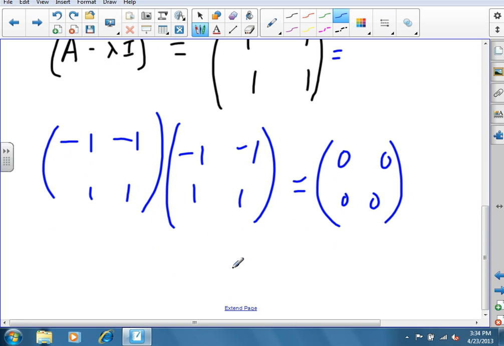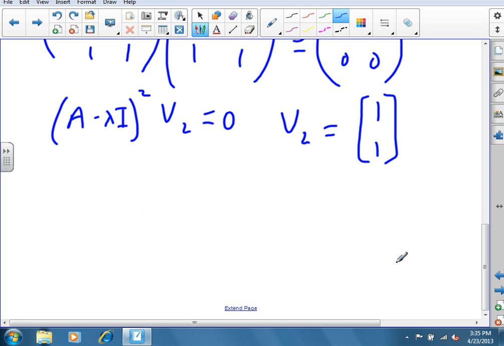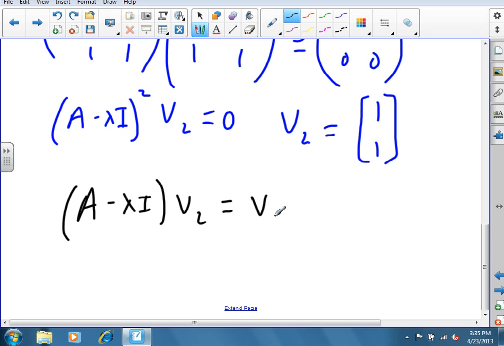Okay, so (A minus lambda I) squared times V2 has to be 0, meaning that V2 can be anything at all. We're going to choose (1, 1) again, because that looks pretty simple. Now we're going to look at (A minus lambda I) V2, and that's going to be V1, but it has to be linearly independent.